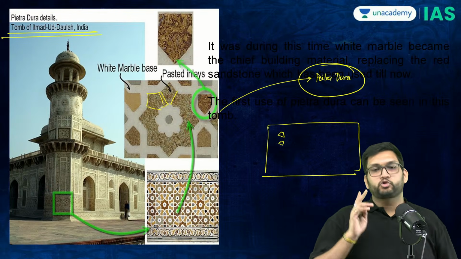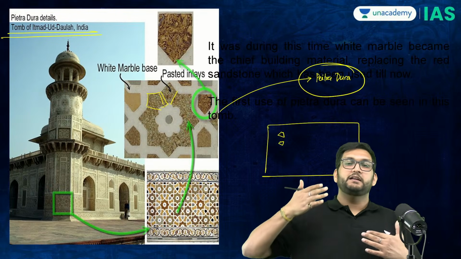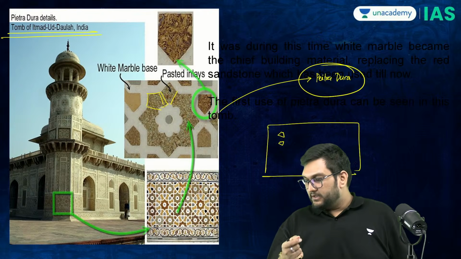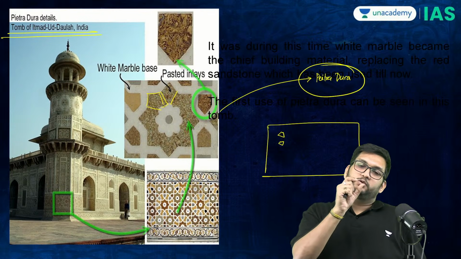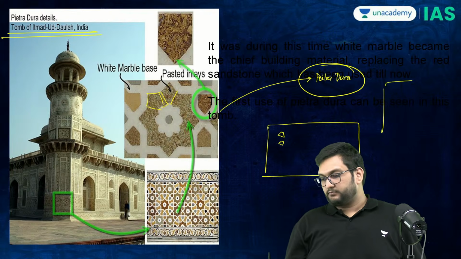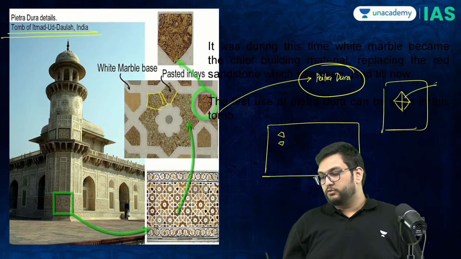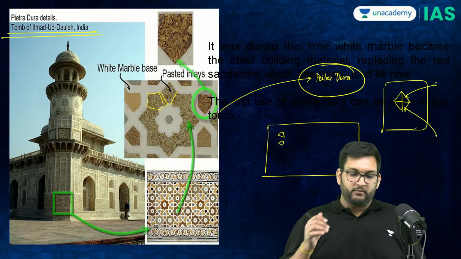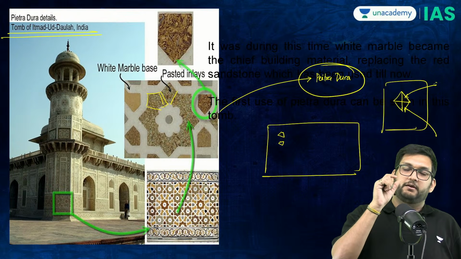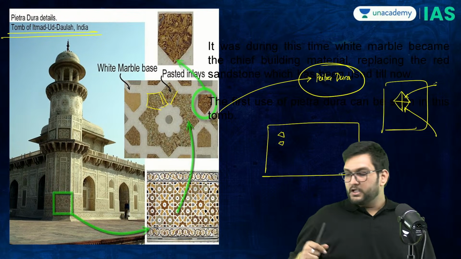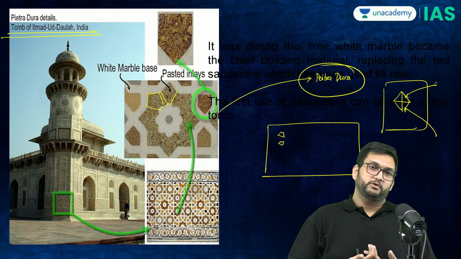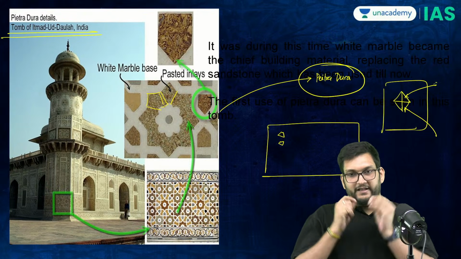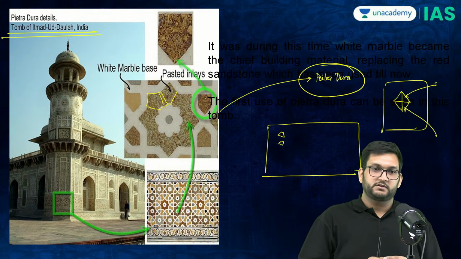Pietra Dura is different from when you're creating a jali, which you can see through. Just before creating a jali, you create a mold like this, and then I can push in lapis lazuli, some very semi precious stone, so that it looks very beautiful. Pietra Dura, whatever you want to call it, is a very important feature which Jahangir introduced.